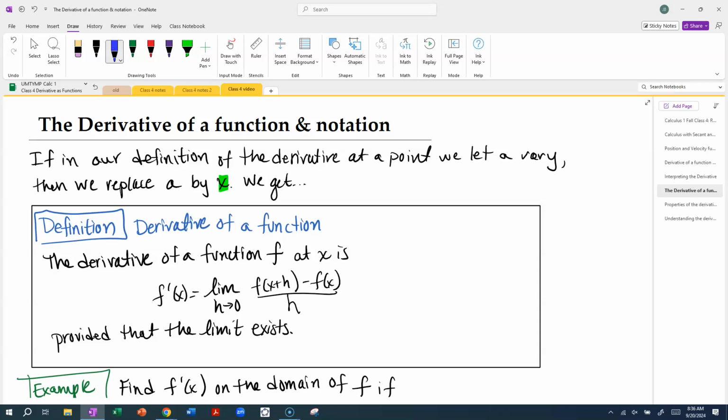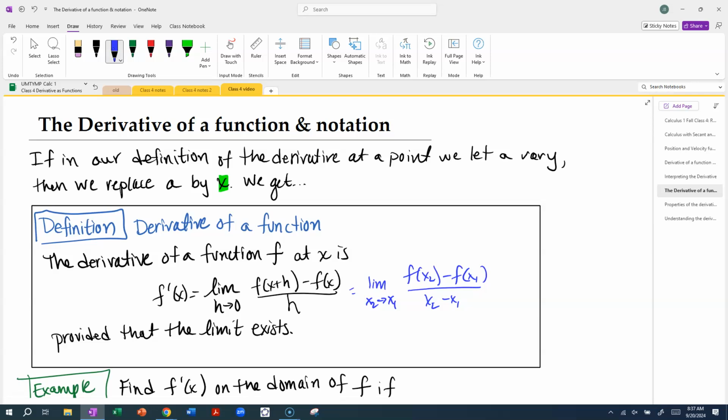And so if we do that, we get that f prime of x is equal to the limit as h approaches 0 of f of x plus h minus f of x, all over h. You could also look at the average rate of change version too. So you could do something like the limit as x2 approaches x1 of f of x2 minus f of x1, but then we can't really do this because, again, x1, say, is a fixed point, right?